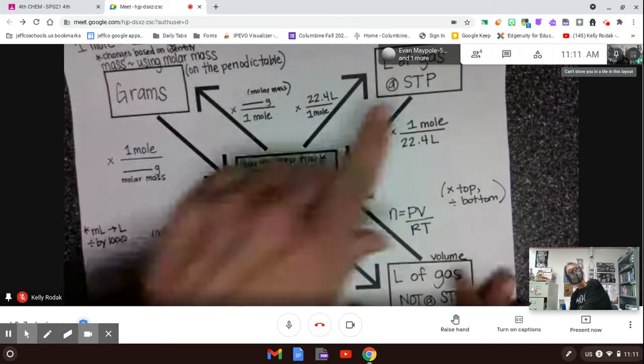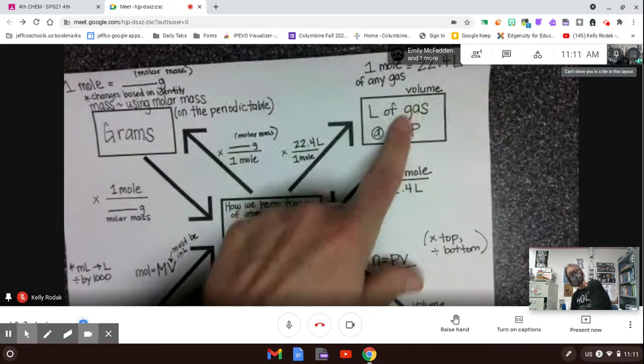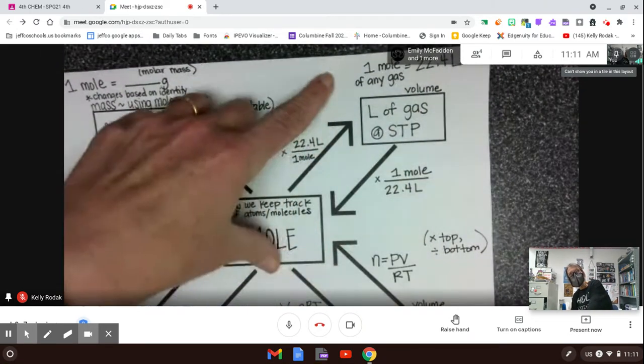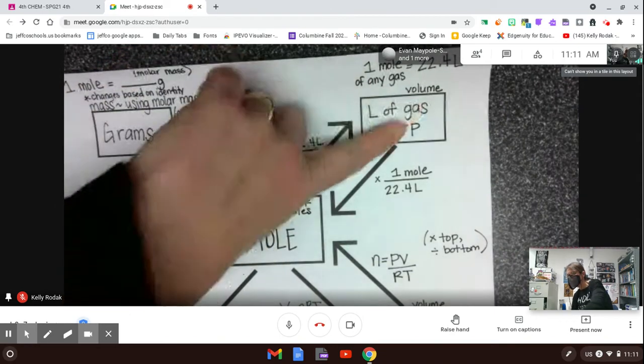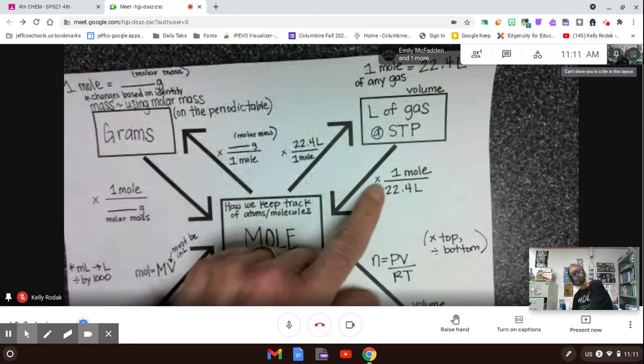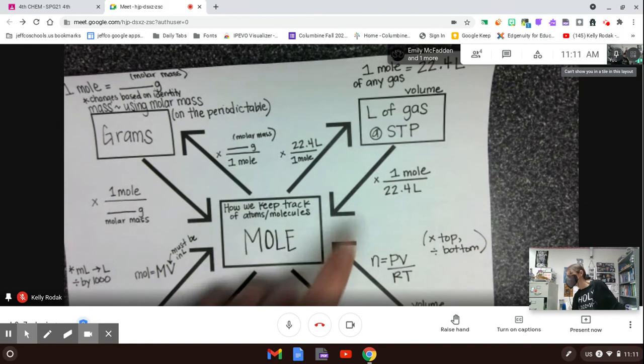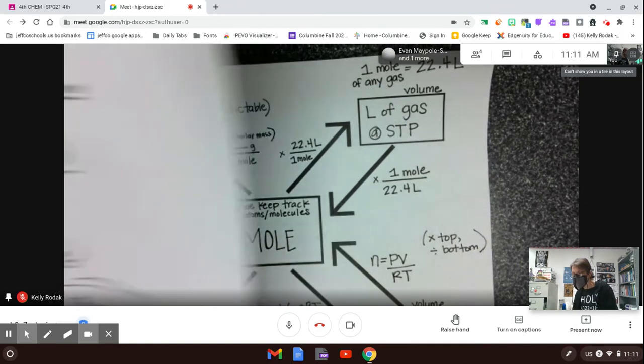And as we know from the map, in order to convert liters of gas to moles, we're going to have to use the conversion fact that 1 mole is equal to 22.4 liters. When we go from liters to moles, we're going to write the conversion fact as this fraction. Again, I believe many of you can probably do that without having to even look at the map, right?